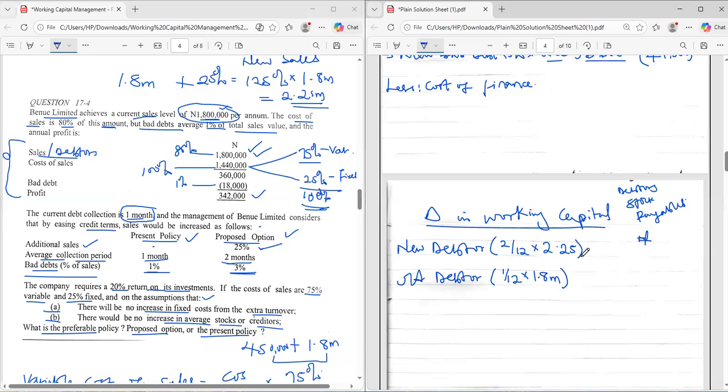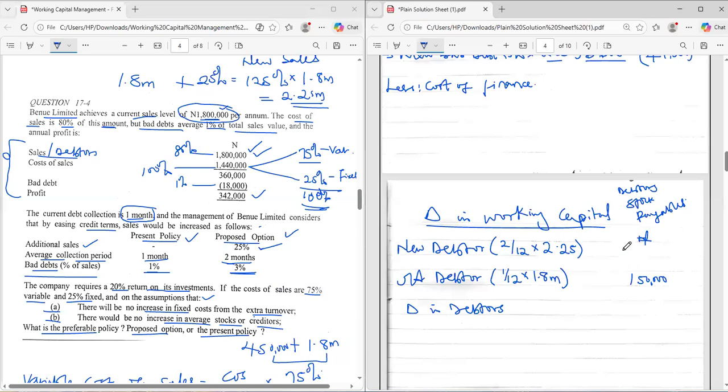That's all, my brothers, my sisters. So somebody should give me the answer for the new, and the answer for the old. It's the change that we're going to look for, change in debtors. Please help me now. It should be 150,000 for the old one, and 375,000 for the new one.